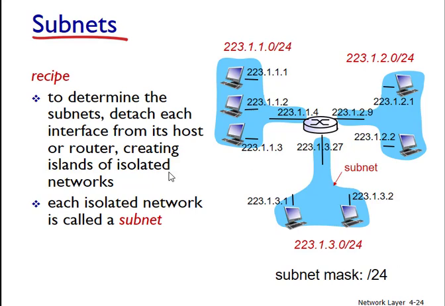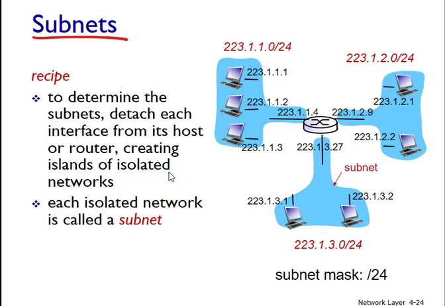The subnet 223.1.1.0/24 therefore consists of three host interfaces: 223.1.1.1, 223.1.1.2, and 223.1.1.3, and one router interface, 223.1.1.4.